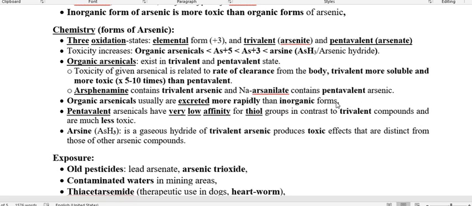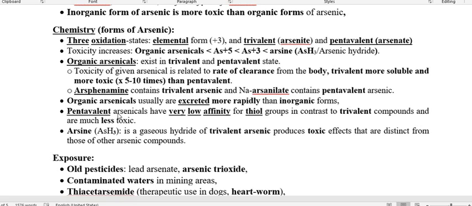However, the trivalent form of the arsenic compound has more power, more affinity to combine with the thiol group, the SH group. This is the reason trivalent is more toxic than pentavalent.